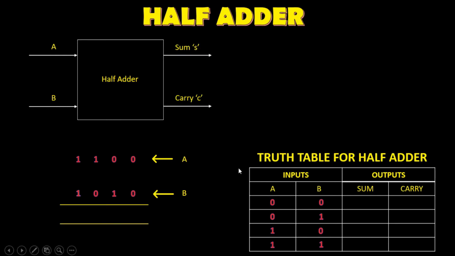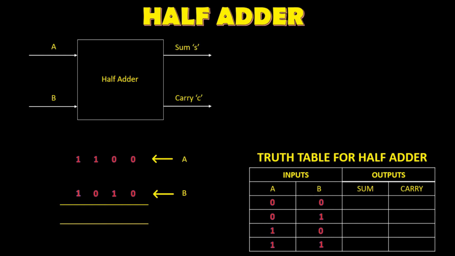This binary addition is basically what's inside this logic circuit here. This is how it's calculated, and this is how you get the output. So your inputs are here, and it's calculated using this binary addition inside here, and then you get your output sum S and carry C.